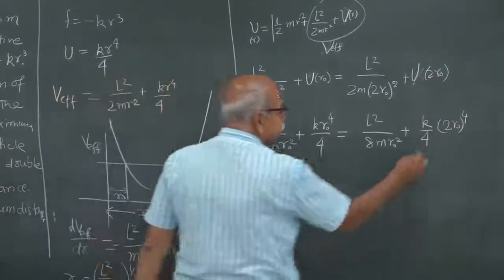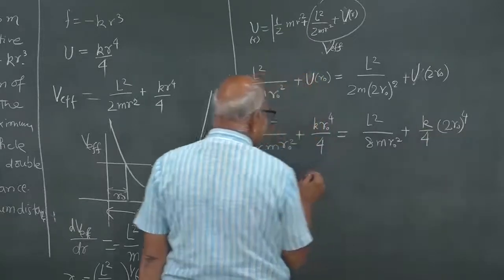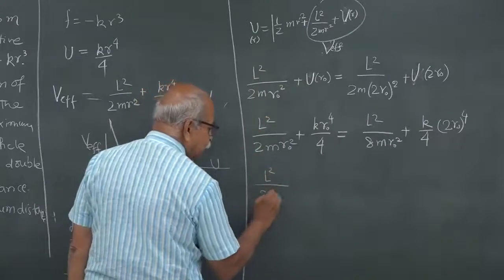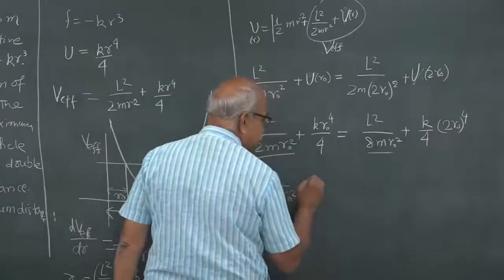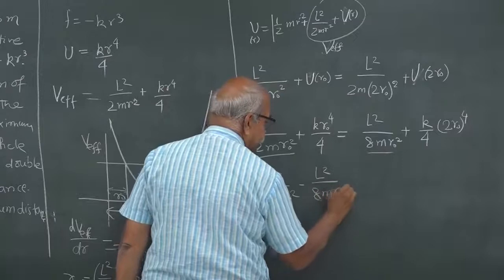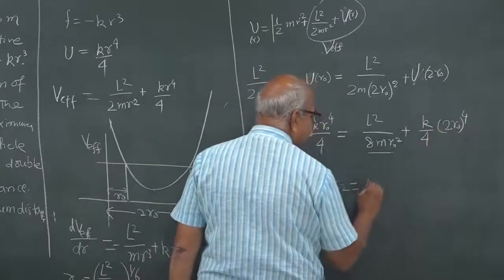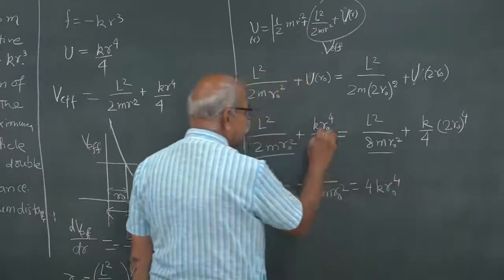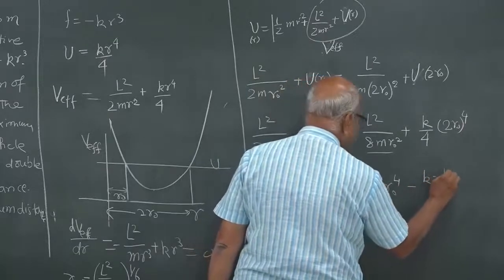So, this is 16 by 4 is 4 here. So, I have this L square by 2 m r naught square, this one, and minus this one, minus L square by 8 m r naught square is equal to, this is 16 by 4 is 4, 4 k r naught to the power 4 and minus k r naught to the power 4 by 4.